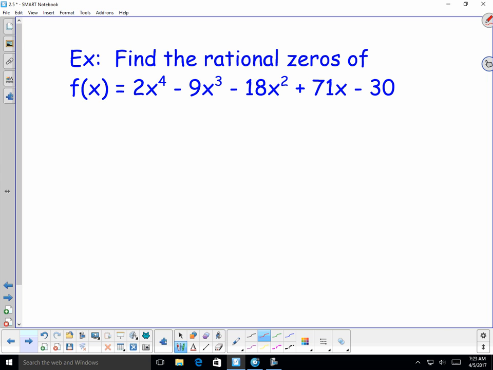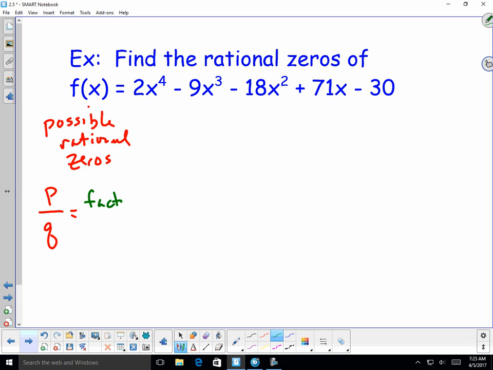So let's make a list of possible rational zeros here. If we're going to make a list of possible rational zeros, that's going to be the p over q values. In this case, p is going to be factors of our constant term of -30.